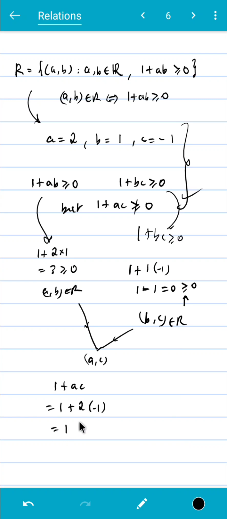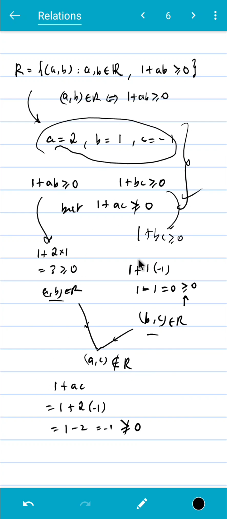So 1 minus 2 is minus 1, and this is not greater than or equal to 0, so it's actually less than 0. So (a, c) does not belong to R, even though (a, b) and (b, c) belong to R. So this works as a counterexample to disprove transitivity.